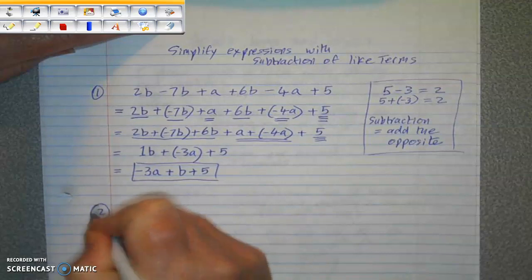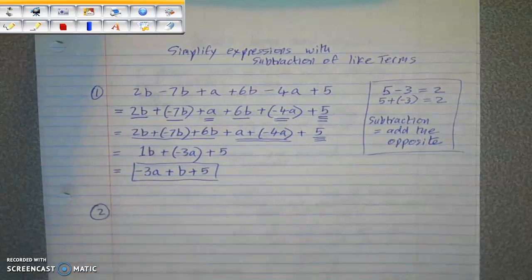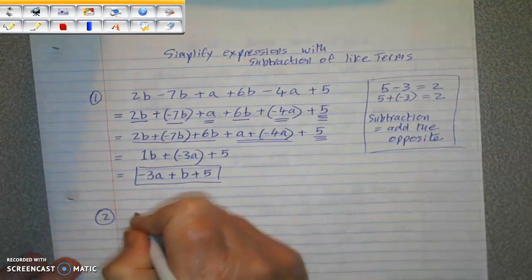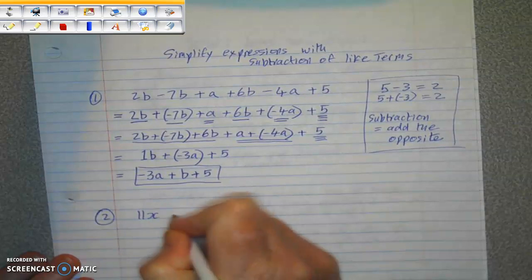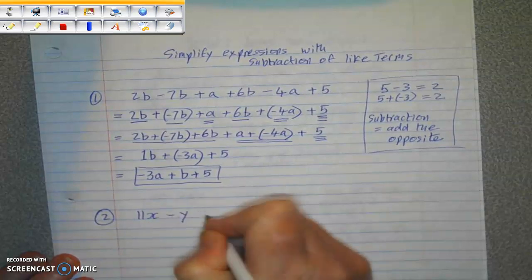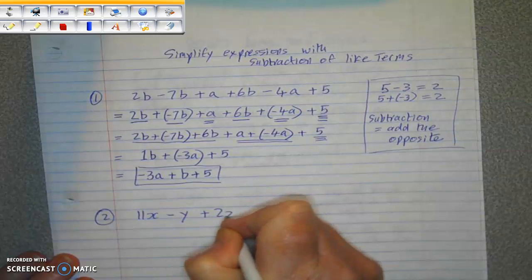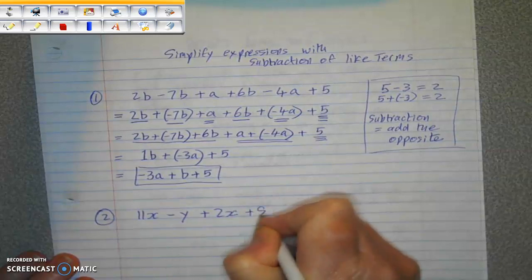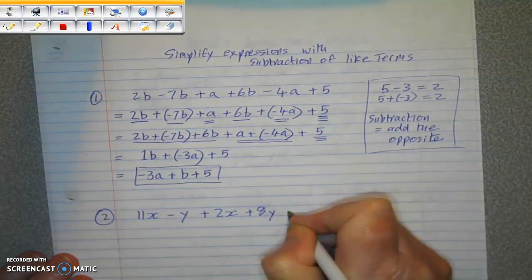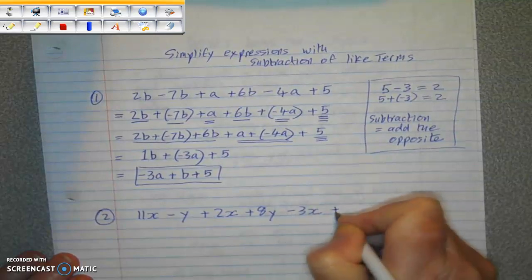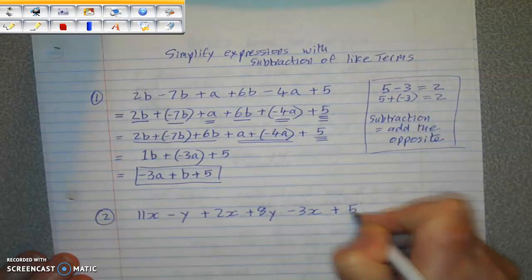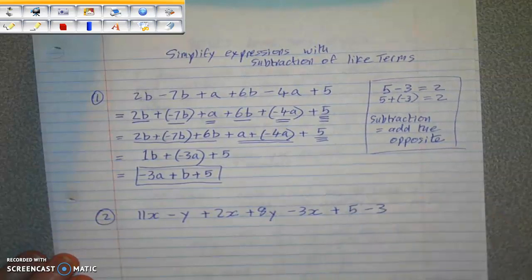Let's do one more of these. Okay, so 11x minus y plus 2x plus 8y minus 3x plus 5 minus 3.